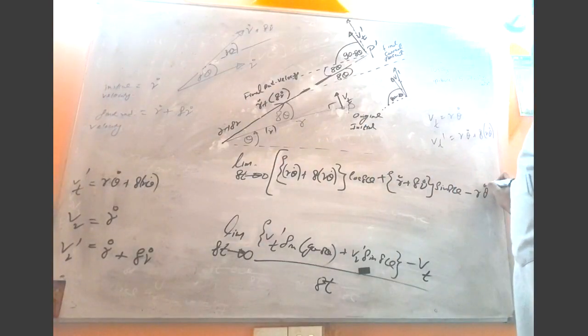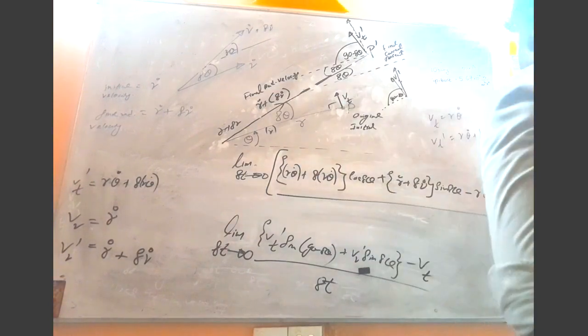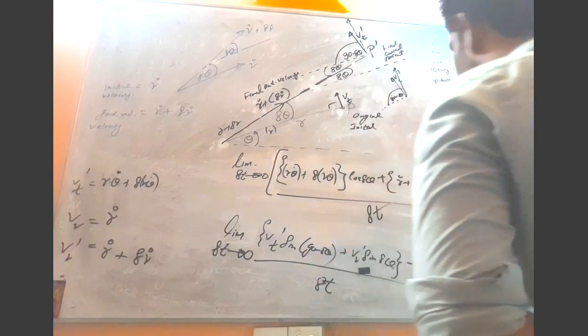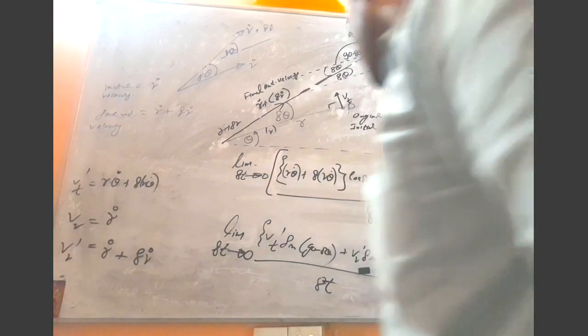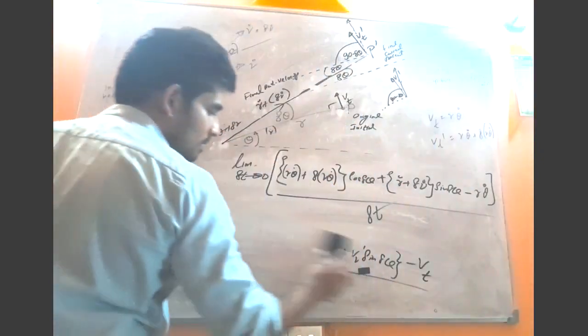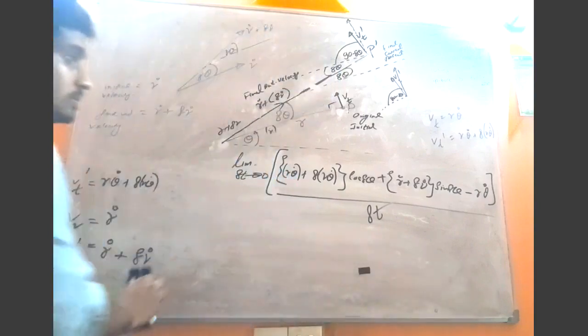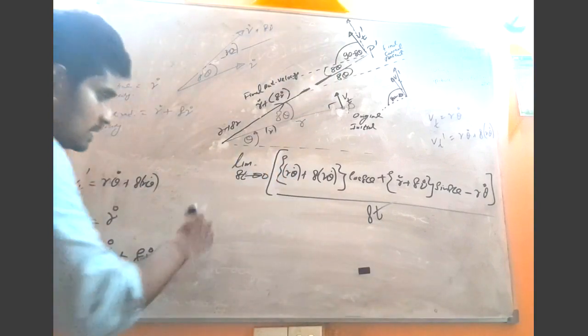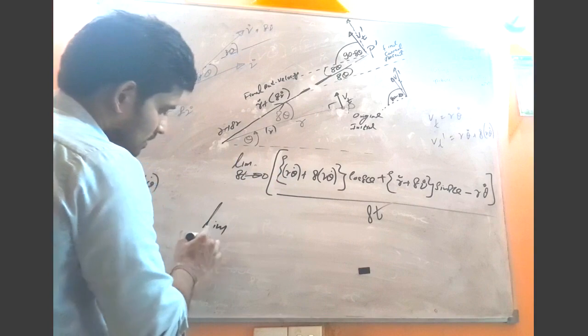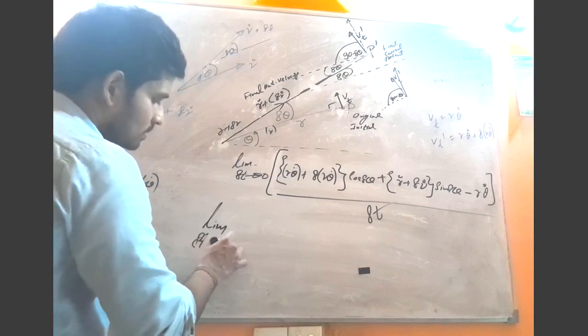R theta dot, divided by delta t, right? So then limit delta t tends to 0.